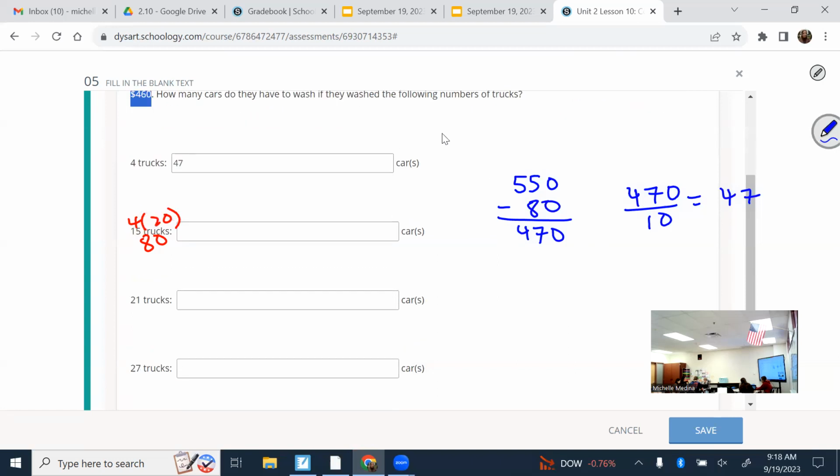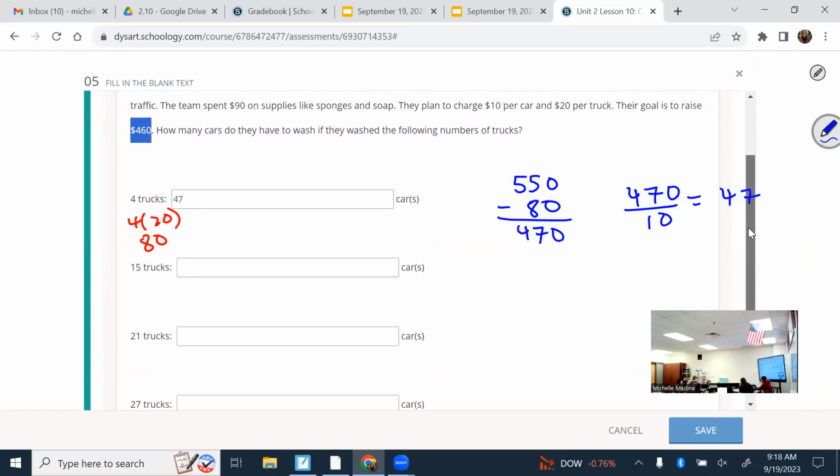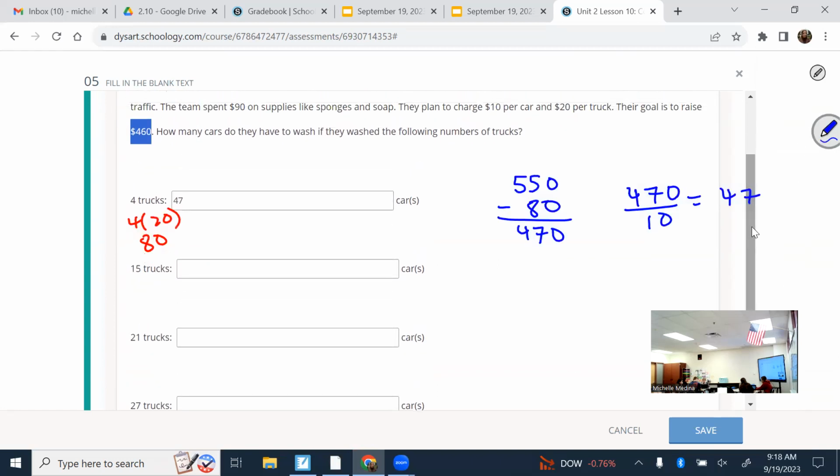All right, so then when it's 15 trucks, how much money are they making from just the trucks? All right, that is correct. And then we're having to subtract that from the 550.